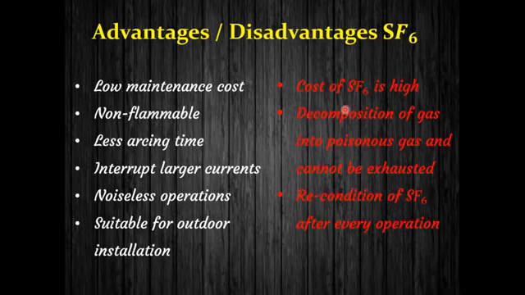The disadvantages include the cost of SF6 is very high and the decomposition of the gas results in a poisonous gas which cannot be exhausted in open air, and therefore reconditioning of SF6 gas is required after every operation.